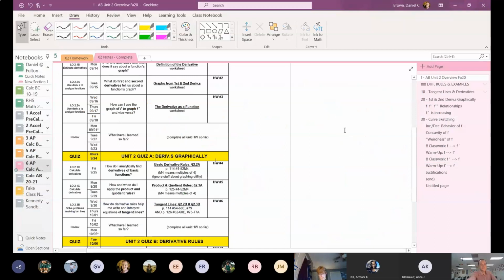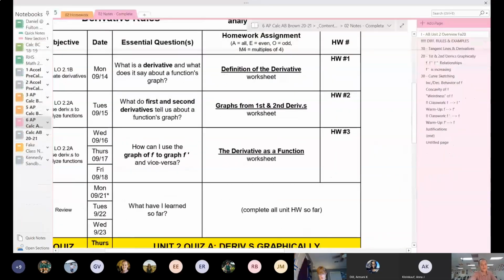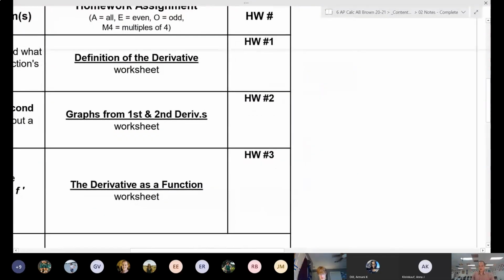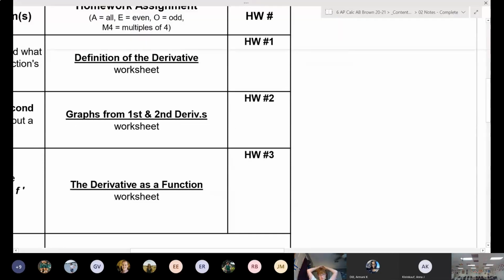Your homework, again, everything you've been assigned is homeworks numbers 1, 2, 3, and 4. Now when it comes to homework 3, I'm still not asking you to do all of it. Basically, I asked you yesterday to do numbers 1 through 5, where you went from f to f prime.